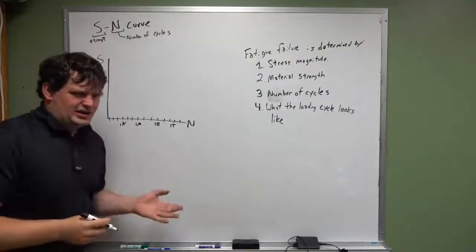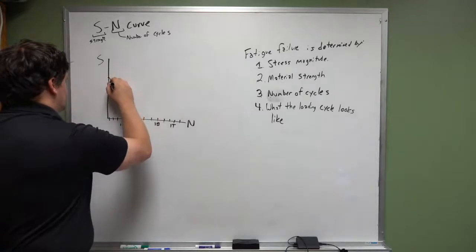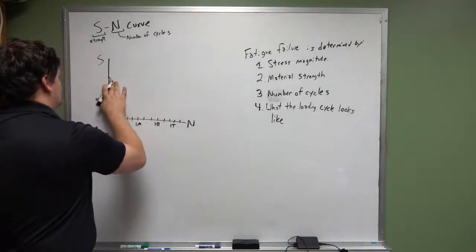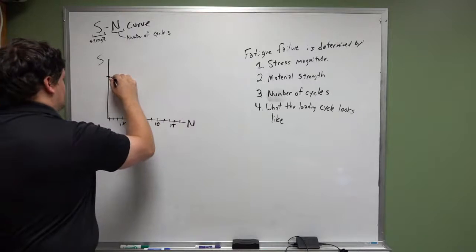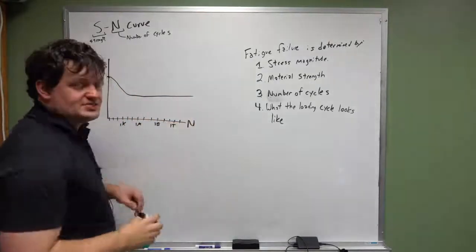Okay, if we're looking at this for steel, steel looks something like this. Where it's usually about 10 to the 4th to 10 to the 6th cycles where it reaches its plateau.